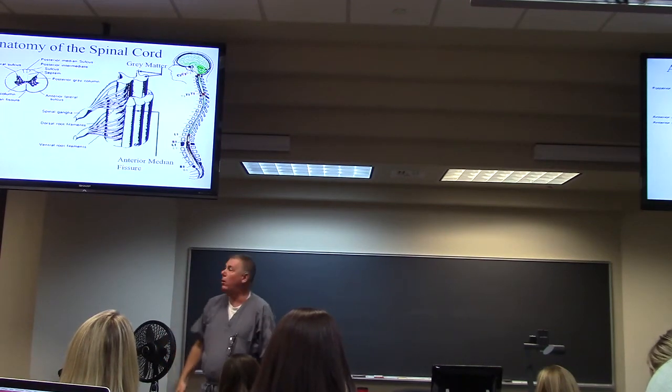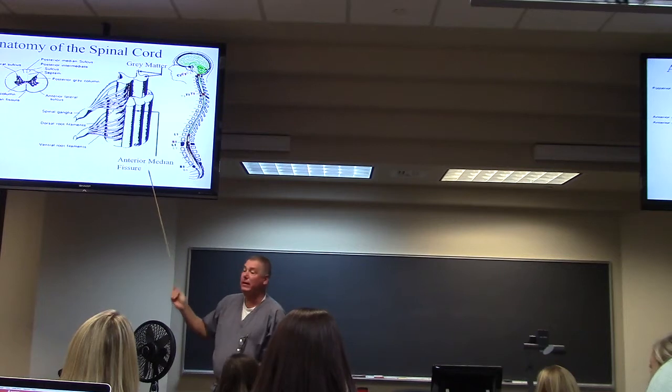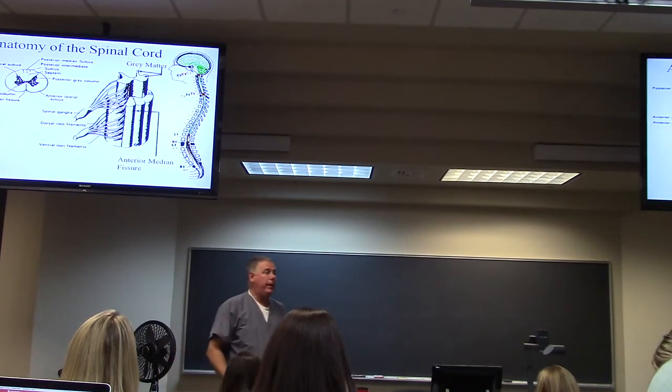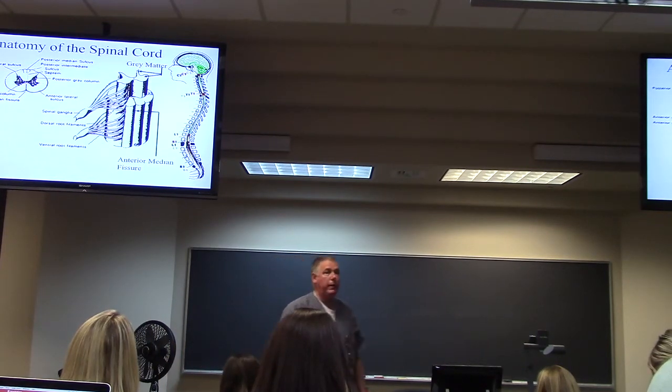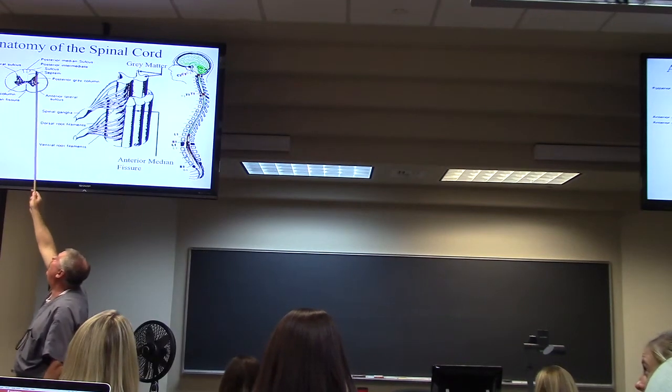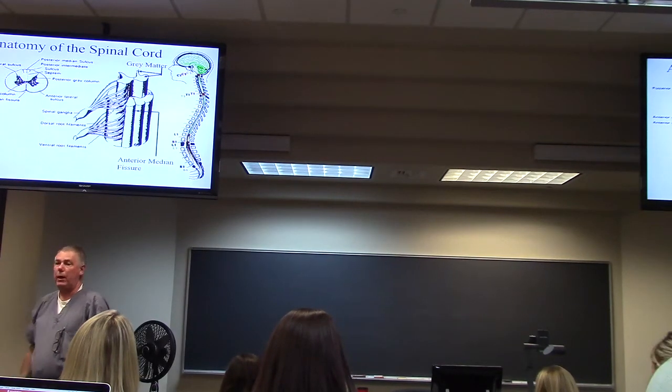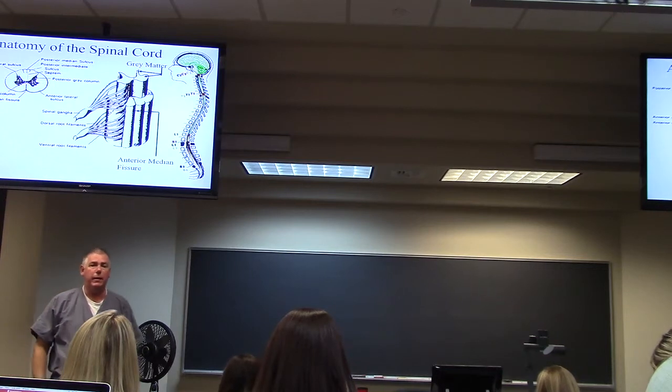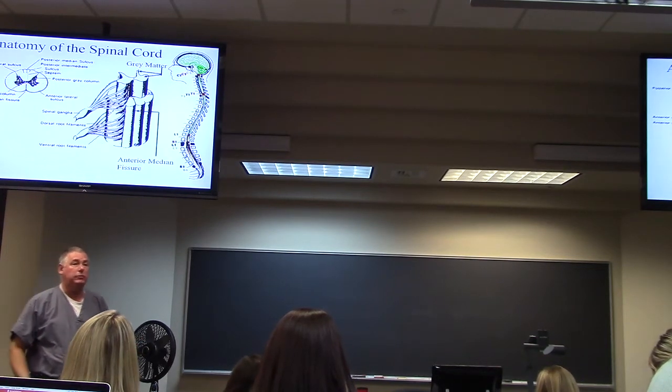The most prominent one is the anterior median fissure, which is going to carry the anterior spinal artery. On the posterior aspect of the cord, there are 2 intermediate sulci. The posterior spinal arteries run in those intermediate sulci.